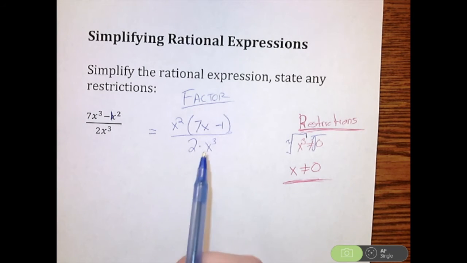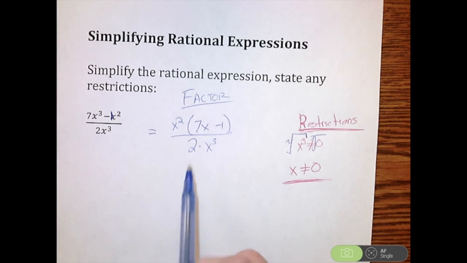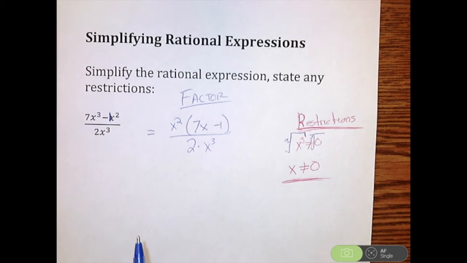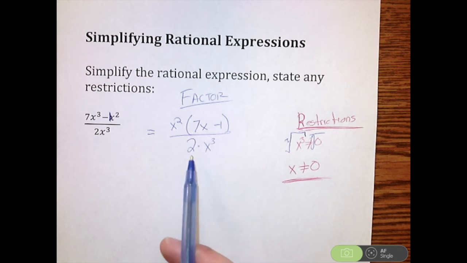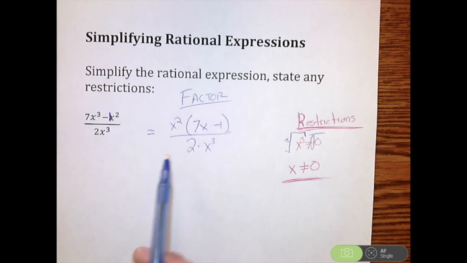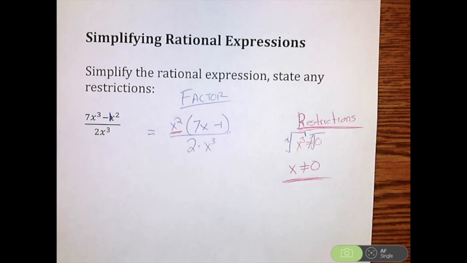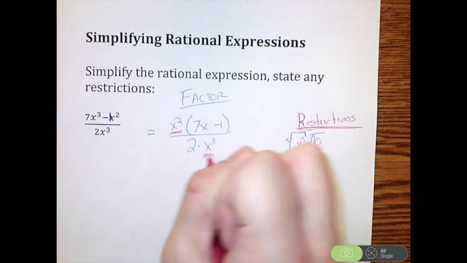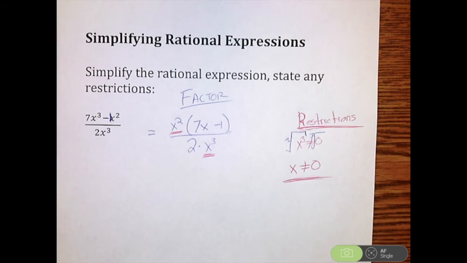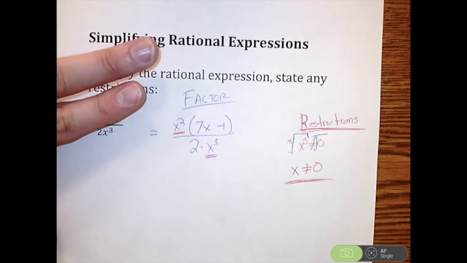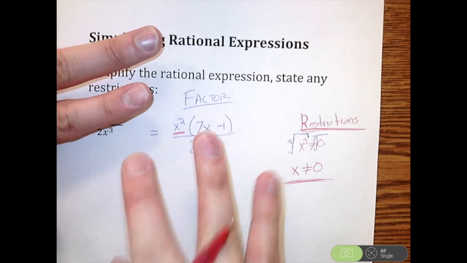Now what we're looking for is common factors on top and bottom, or simplifying how we simplified back with exponents in an earlier chapter in Algebra 2. So the one piece I'm looking at is I have an x squared up top and I have an x cubed on bottom. So I have 2 x's on top and 3 on bottom.